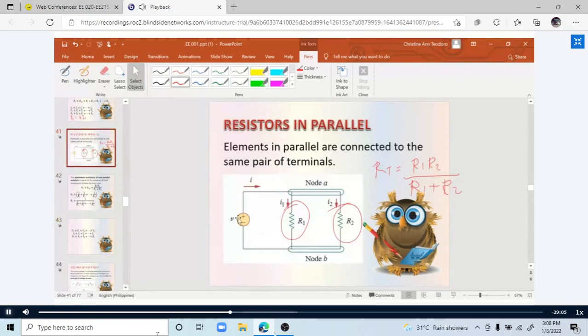It means that the total voltage given by our voltage source is also the same voltage given to R1, and also the same voltage given to R2. So if it is 12 volts, R1 will also receive 12 volts, as well as R2, in a parallel connection.